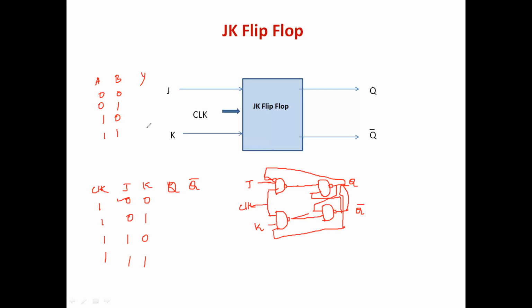AND gate is high only in this condition, so NAND gate will be 0 only in this condition. For all other values, the NAND gate output is high. That means if there is a zero in any of the inputs, your output is high. So for the first condition, I will take clock as 1.